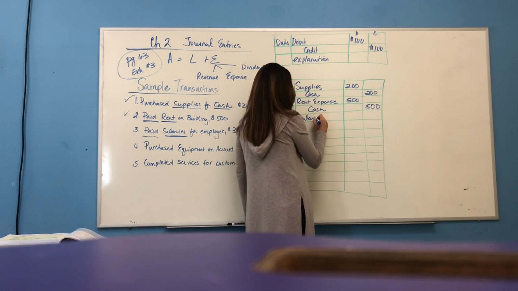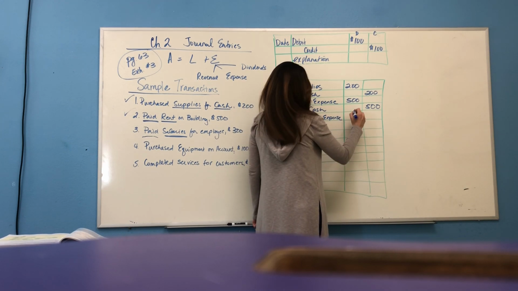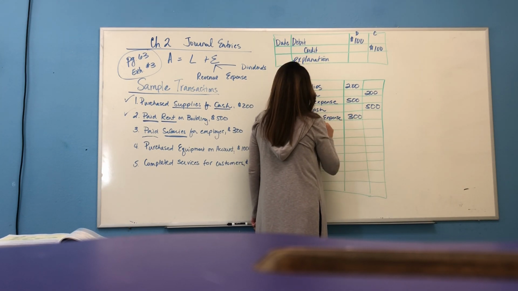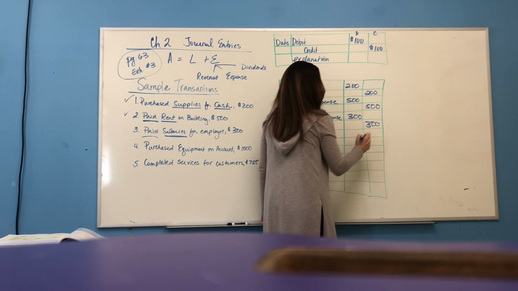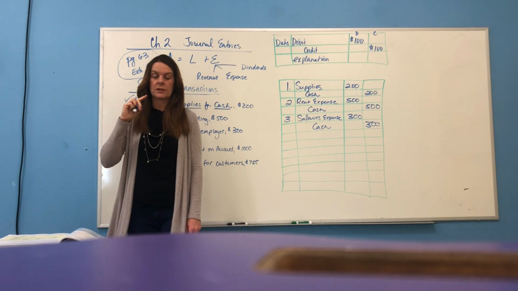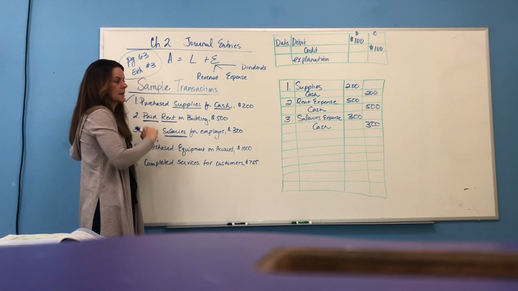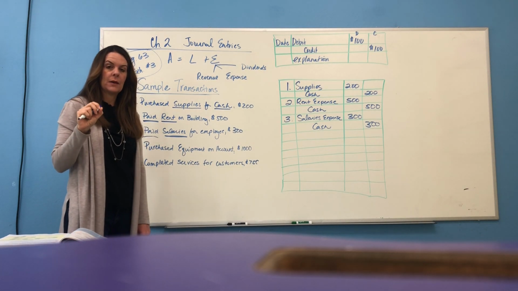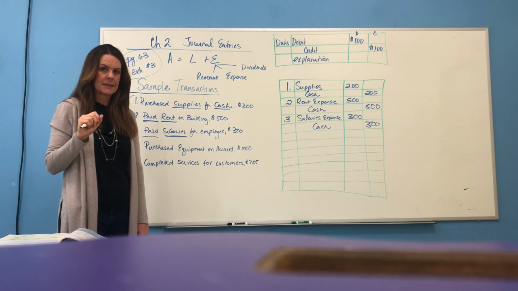Salaries expense. And we paid them $300, and we credit cash for $300. So once again, we're using our knowledge of the types of accounts that we learned in Chapter 1, as well as how assets and liabilities and equity accounts are increased and decreased using the debit and the credit system.